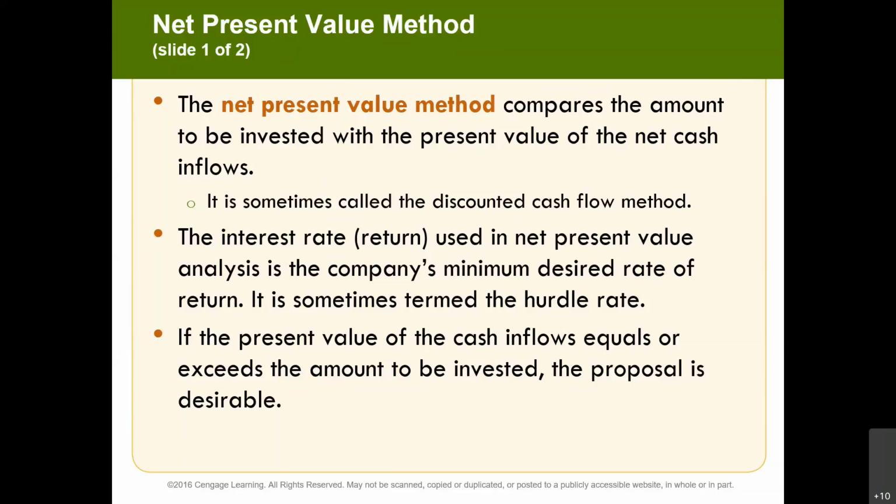Now, I know we talked about net cash inflows in previous chapters, but just to recap what that is, a net cash inflow is where you take your cash inflows, okay, from your revenues, your cash sales, minus your cash outflows, which are your expenses that are being paid with cash, to get your net cash amount.